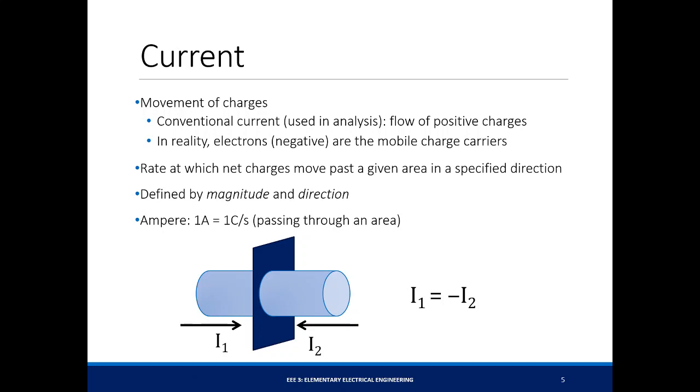That doesn't mean that you have some negative current moving. It's just that you assigned a wrong direction to the current. That's why it's negative. So its unit is the ampere, which is 1 coulomb per second, or the charges passing through an area per second.